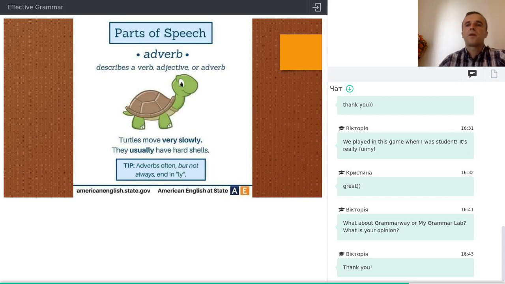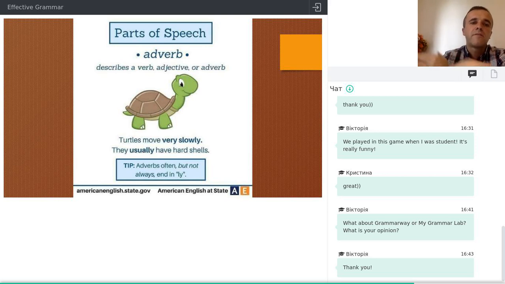And here we have the parts of speech. They are adverbs. You see that it's good for visuals because in this picture you can see a turtle, and that denotes very slow motion, and you can crack some jokes even on parts of speech like adverbs.